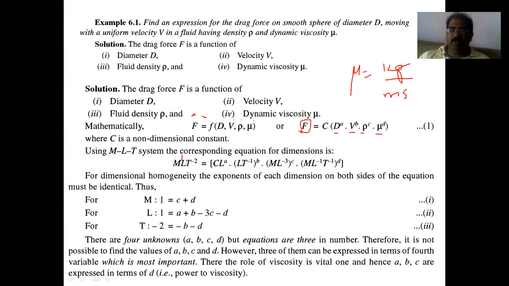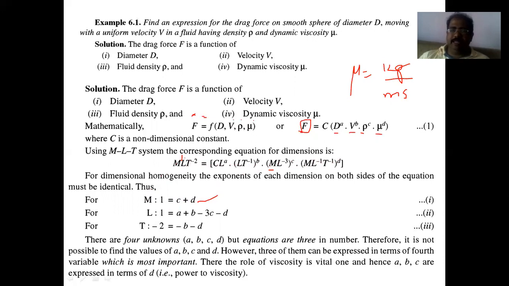So M raised to 1 is equal to, here we observe that mass is available at M raised to power c, and here M raised to power d. These both are in product form, so we add them: c plus d.